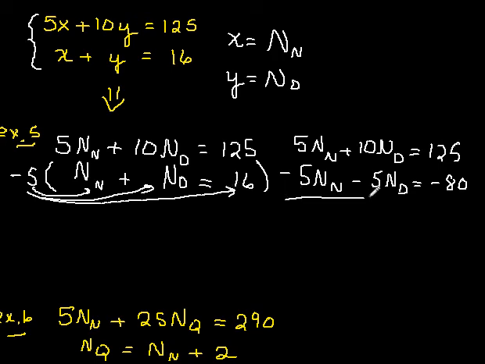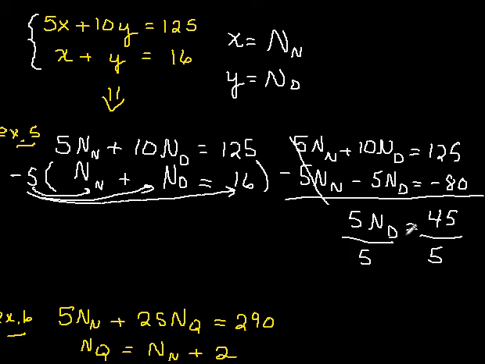And now we have a plus 5 n sub n, and a minus 5 n sub n. So we do eliminate a variable, and we get 5 n sub d equals 125 minus 80 gives us 45. Divide both sides by 5, and we get the number of dimes equals 9.